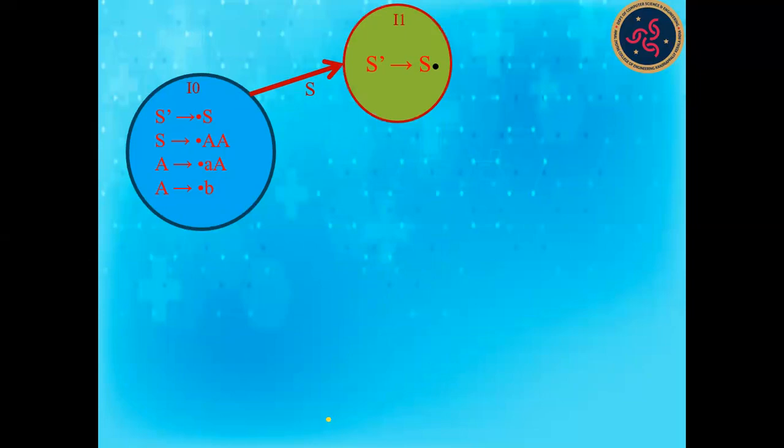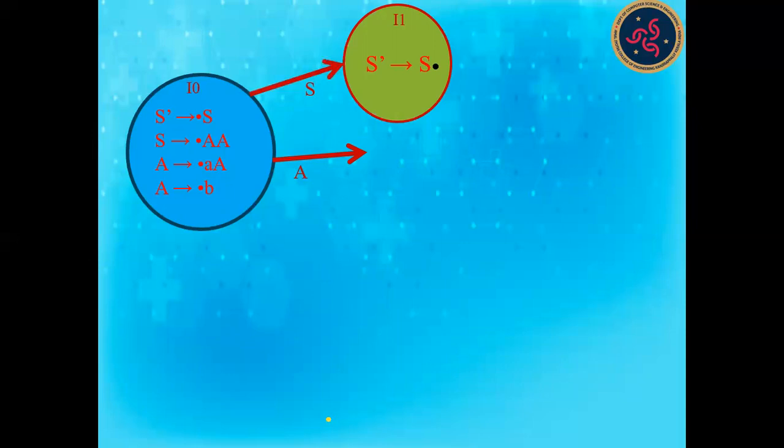When the non-terminal capital A is read in this state I0, the state will move to a different state other than I1.